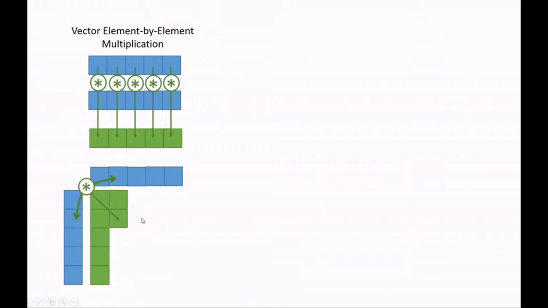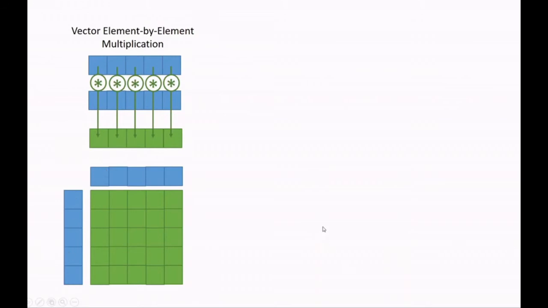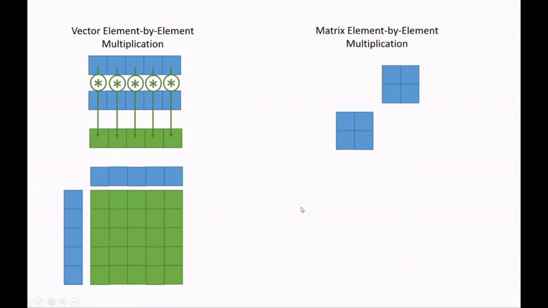It will result in, in this case, a 5 cross 5 matrix, where each column vector has the multiplication of the scalar with the vector. Therefore an element by element multiplication is completely different to what you get with a classic matrix or vector multiplication. So let's have a look at the multiplication done on the matrix.